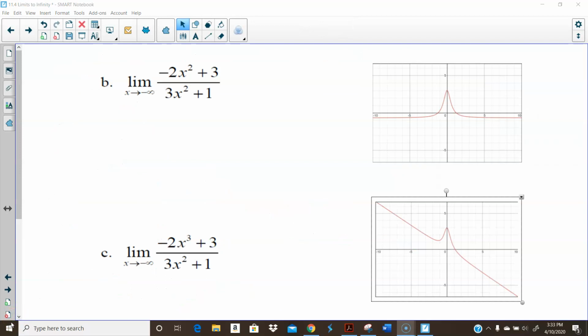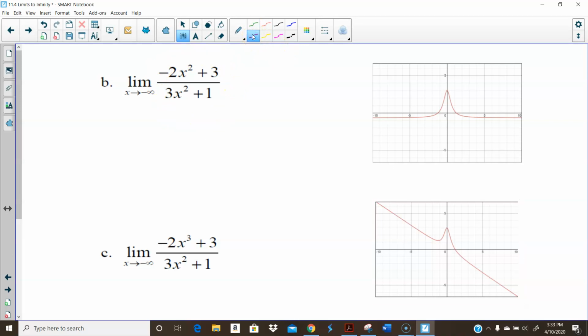So if we look at B, this rational function is approaching negative infinity. So when we're approaching infinity or negative infinity, and we have a rational function, we are going to be approaching the horizontal asymptote. So at negative infinity, where is this graph approaching? Or at positive infinity, where is that graph approaching?